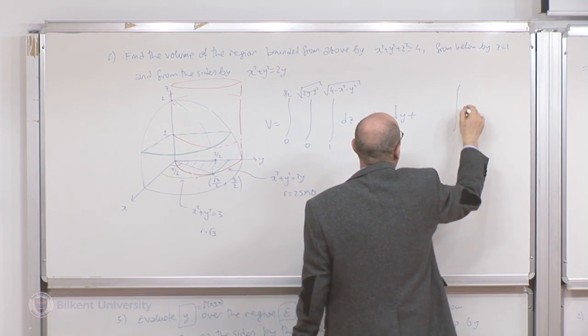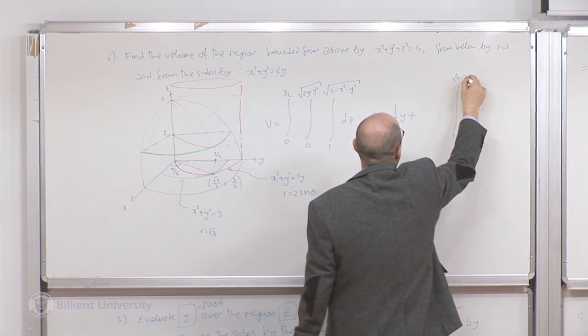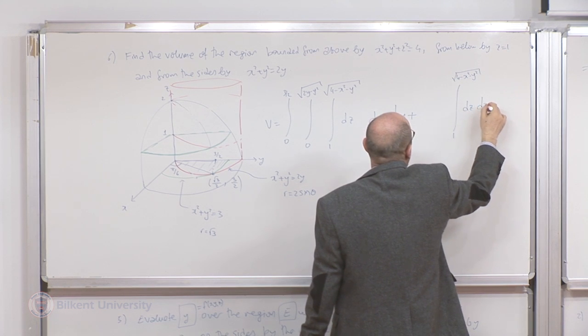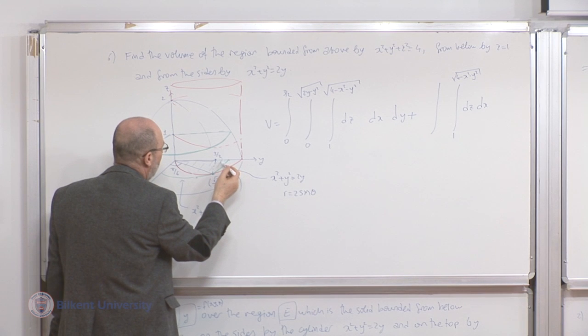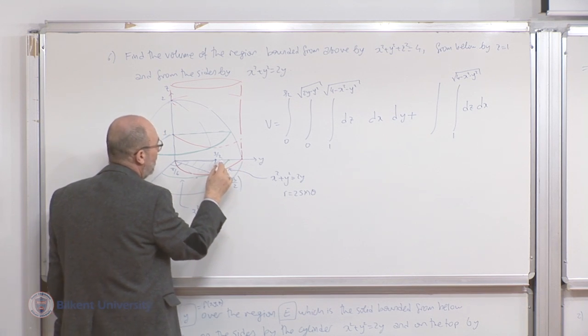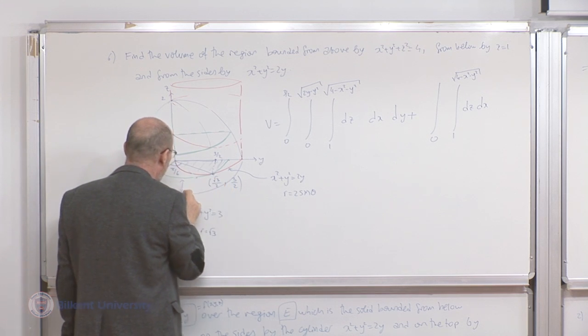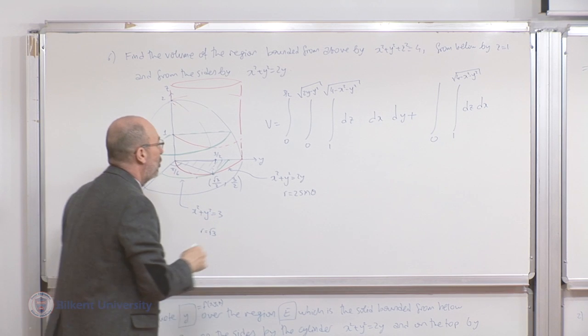Again, dz from 1 to 4 minus x squared minus y squared. Then dx. This time an arrow like this enters the region when x is 0, leaves the region around this green thing. The green thing is square root of 3 minus y squared.